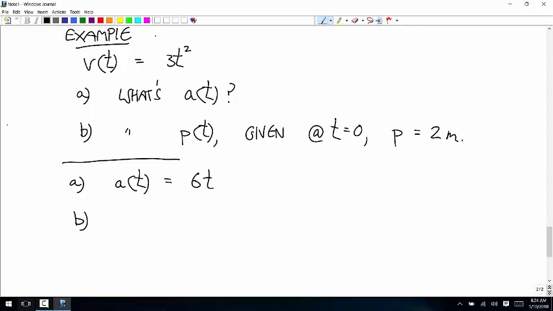For part B, the position, p of t, is the integral of 3t squared dt. And so that's equal to t cubed plus c.